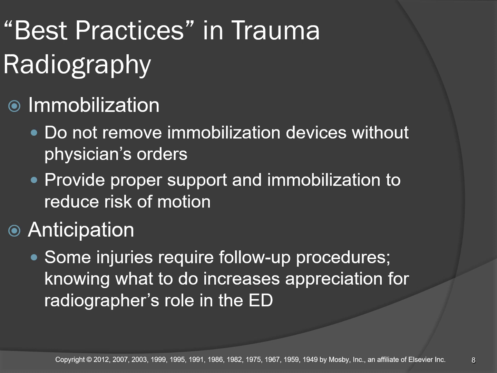Okay? Anticipation. Some injuries require follow-up procedures, like post-reduction. Knowing what to do increases appreciation for the radiographer's role in the emergency room. Okay? So, pneumothorax, trauma. Status post-car wreck, patient has a collapsed lung. So you take the initial radiograph and the ER physician is in the room and sees the collapsed lung, sees the pneumothorax, sees the atelectasis.